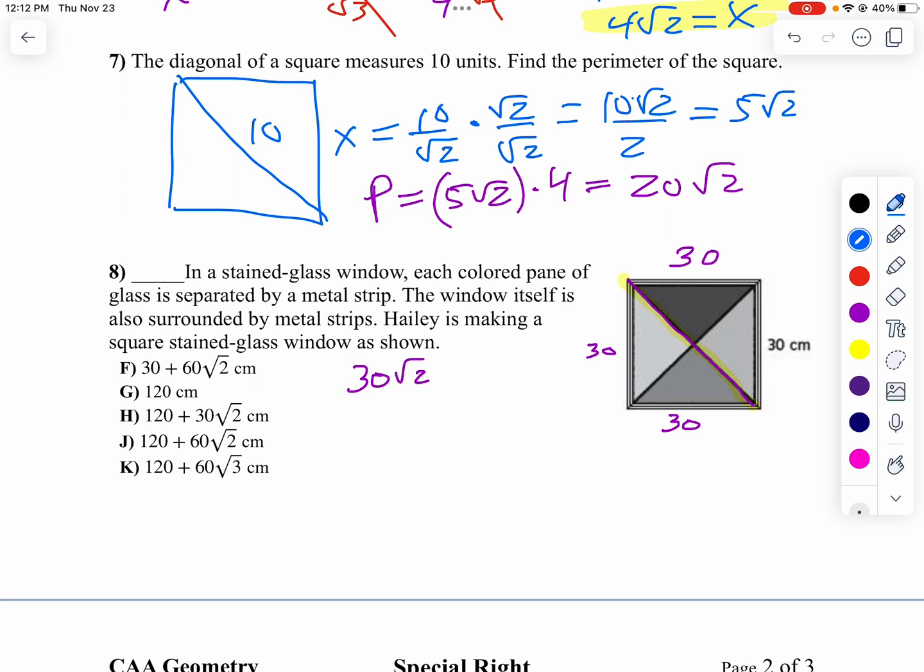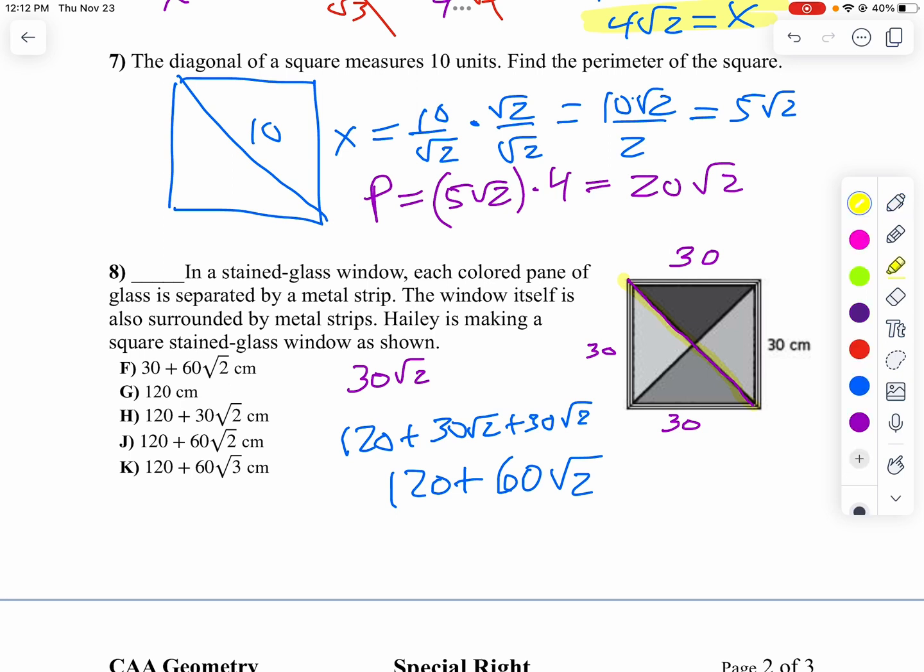I'm going to have 30 times 4 is 120 plus, and then I'm going to have 30 square roots of 2 for one diagonal, 30 square roots of 2 for the other diagonal. So I'm going to get 120 plus 60 square roots of 2. And that's going to be choice J, centimeters. And there we have it.